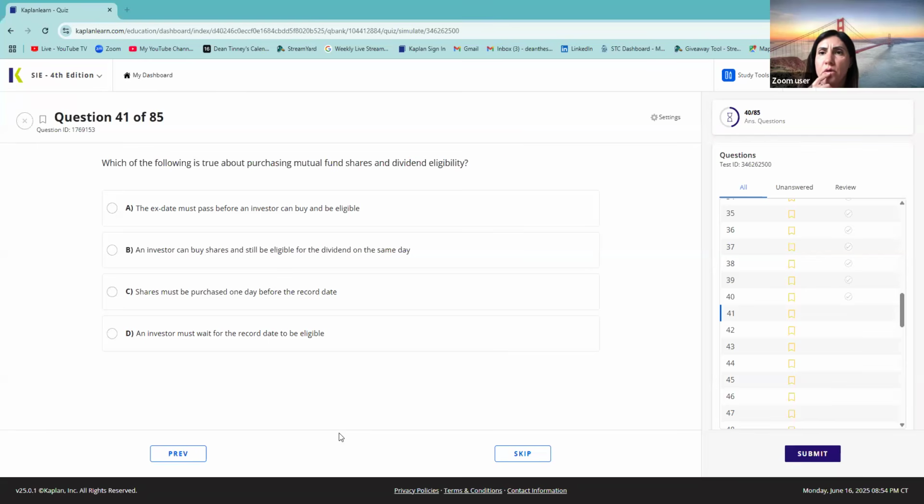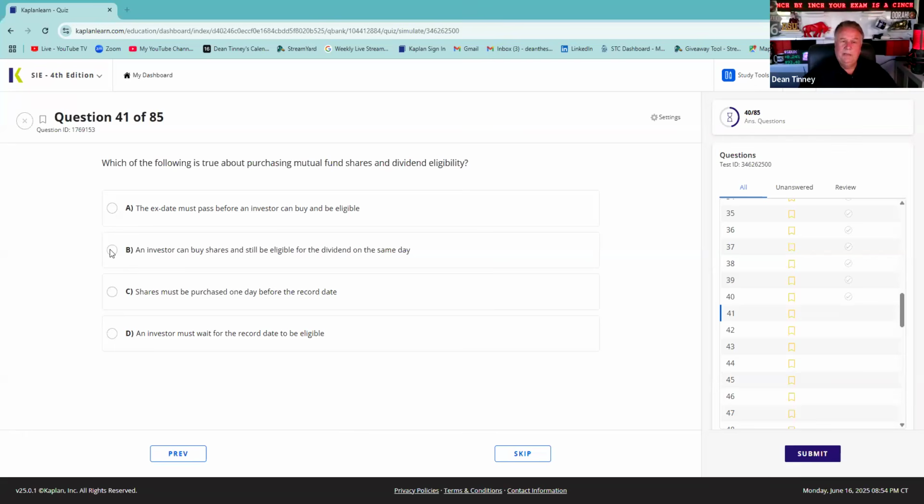An investor can buy and still be eligible for the dividend on the same day. A share must be purchased 1 day before the record date. I think it's C. It's actually B.